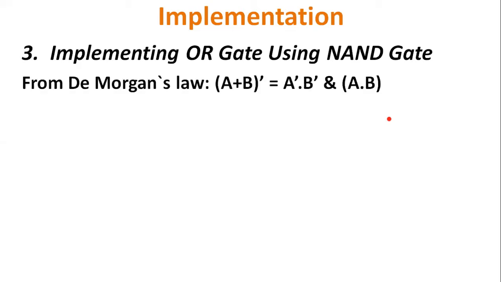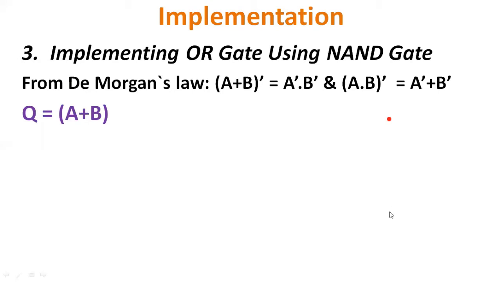So from De Morgan's law, A plus B whole bar equals A bar dot B bar, and A dot B whole bar equals A bar plus B bar, that we know. But how to write the OR gate expression Q equal to A plus B? We have to convert this Q equal to A plus B into the form of bar of product, that is the NAND gate.